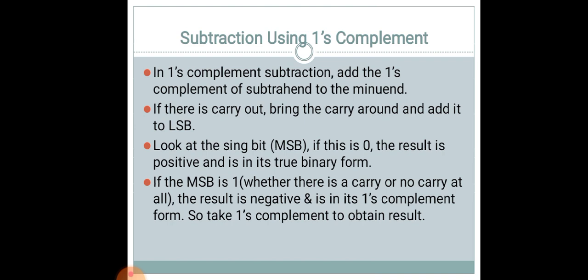Then the third and fourth rules are very important. If carry is generated, then add it into the answer, and consider the answer positive. The fourth rule was, if carry is not generated, then the answer is negative, and take the ones complement of the answer. So we have applied these rules and solved some examples.